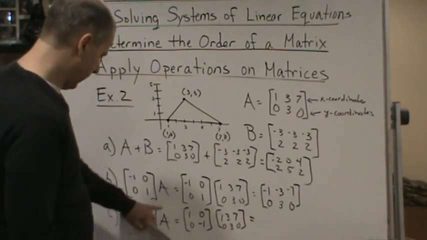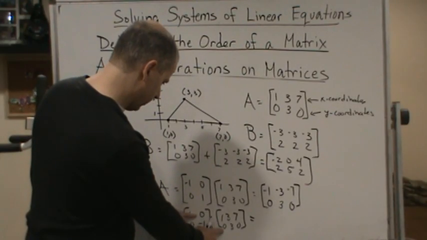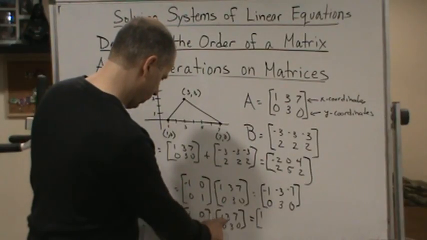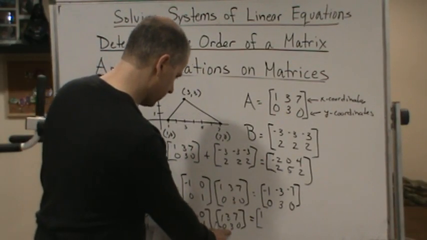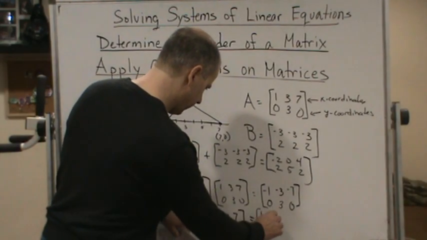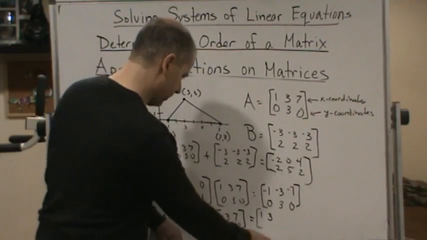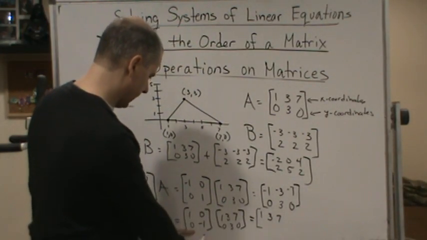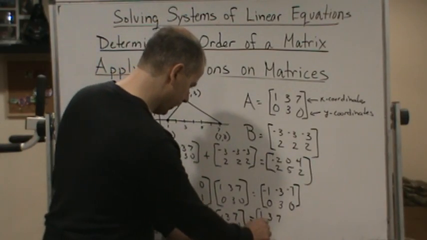Again, this is just going to be 1 times 1 plus 0 times 0, which is 1. 1 times 3 is 3, plus 0 times 3 is 0, so we get 3. And then 1 times 7 is 7, plus 0 times 0 is 0, so we get 7. And then in here, the second row, first column, 0 plus negative 1.